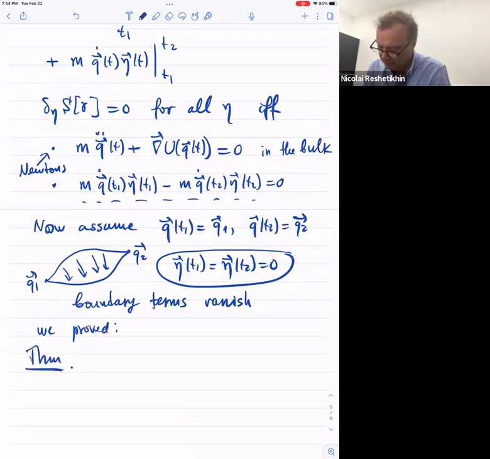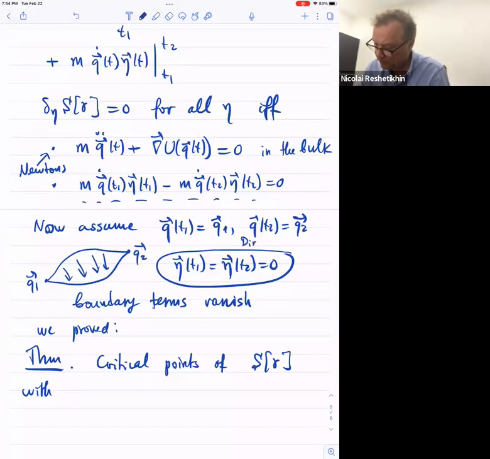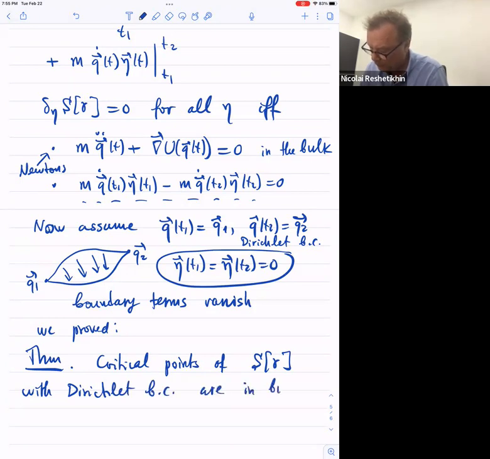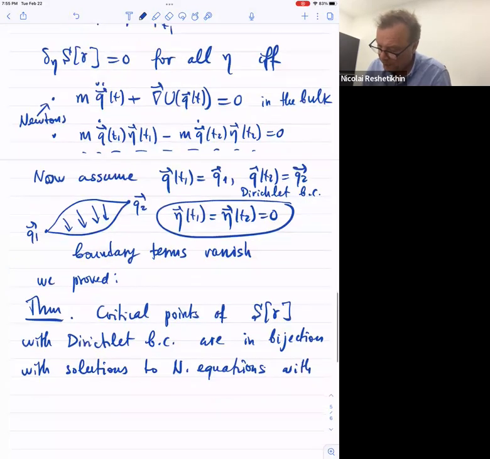And so we proved the following theorem: critical points of S of gamma with, I will call this, Dirichlet boundary conditions, are in bijection with solutions to Newton equations with the same boundary conditions.